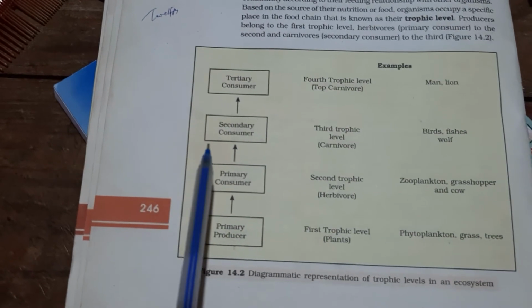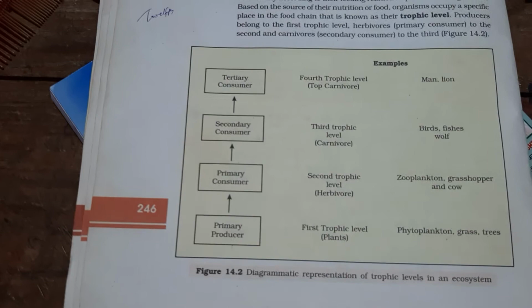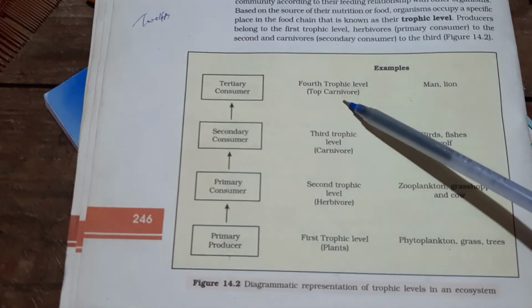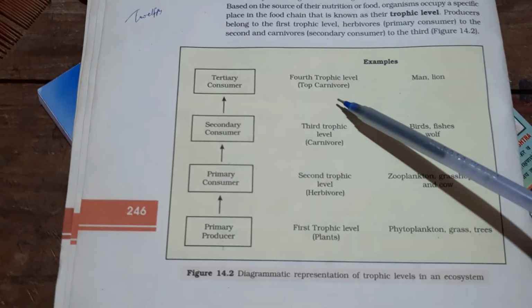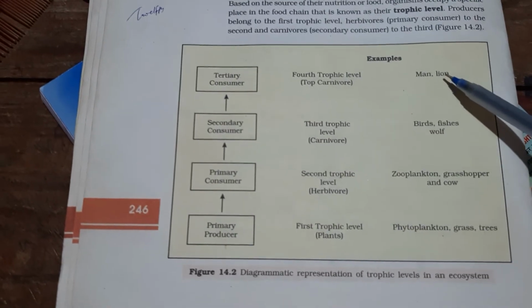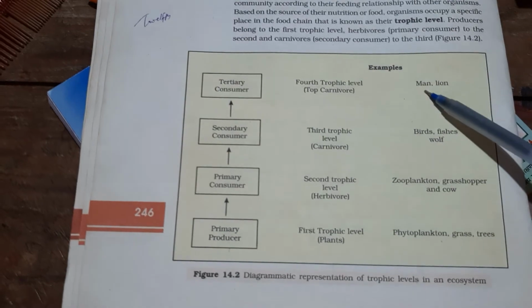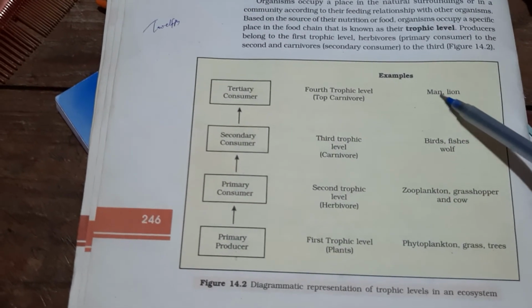Secondary consumers lastly shift into the tertiary consumers, which is the last trophic level, also known as the fourth trophic level or top carnivores. Top carnivores include omnivores or carnivores, such as the lion or man.